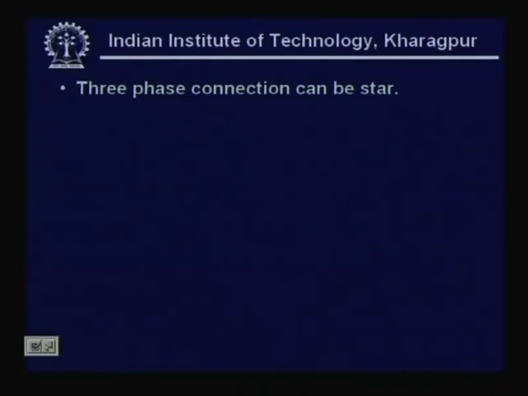As against that, when we make a connection in the form of a delta or a star, we reduce the number of lines employed and thereby optimize the amount of copper used in transmitting this power, and this is the usefulness.